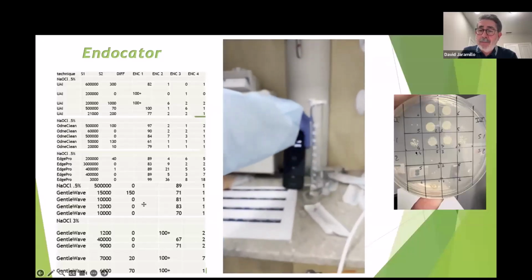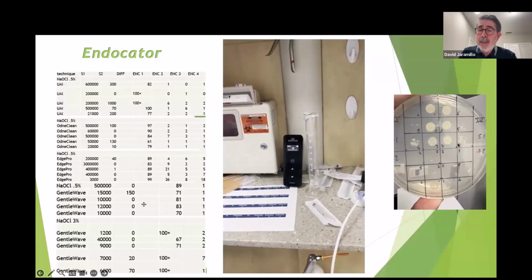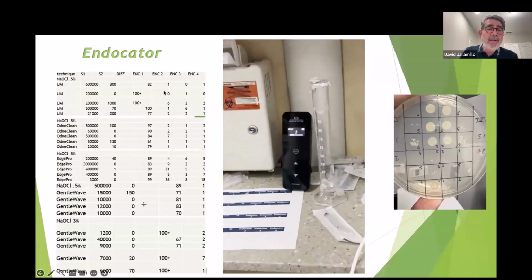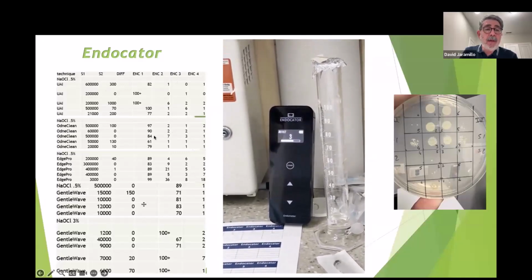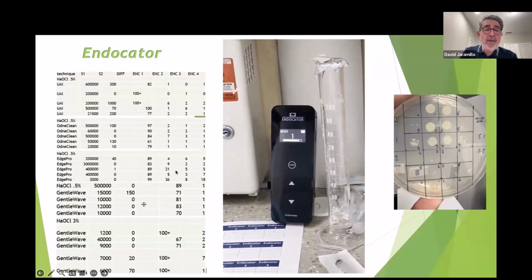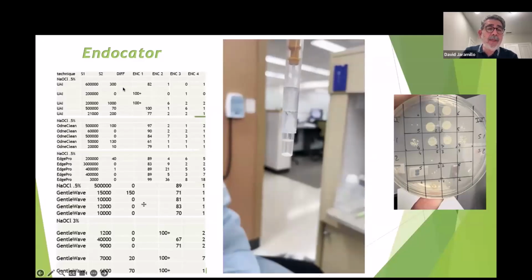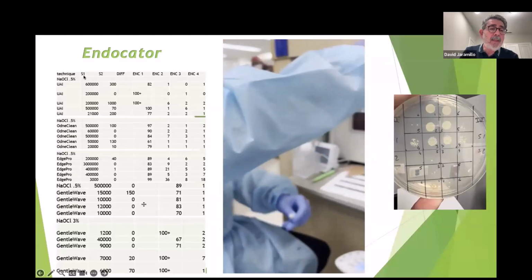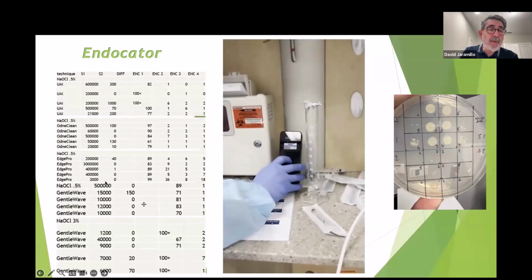So these are the bacteriological results, the serial dilutions that we did with ultrasonic irrigation. We did it 3 times in order to check the results after each cycle. Here's our S1, the amount of contamination of the root canal.